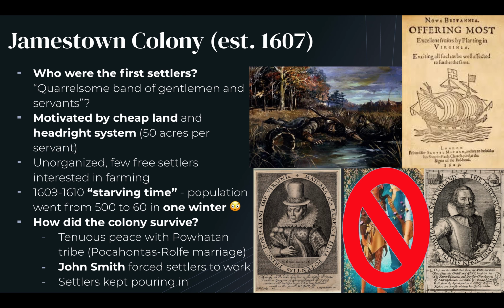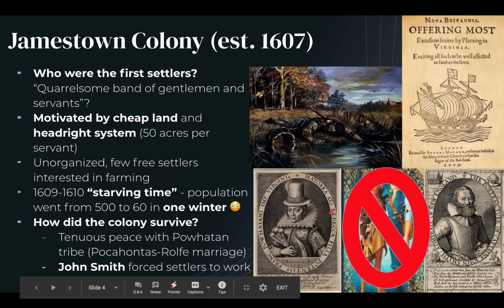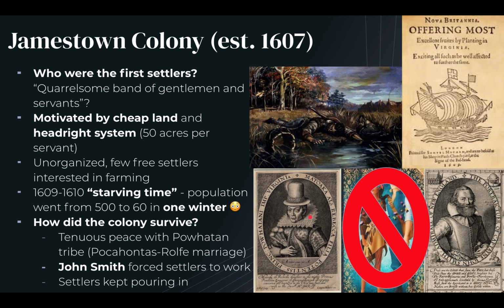So the population was able to continue to sustain itself despite some of the rough winters in their early years. Another really important reason why Jamestown survived was because of the organization that John Smith brought to it. John Smith actually forced settlers who previously were unwilling to farm to work. Otherwise, they were not given a share of the harvest.